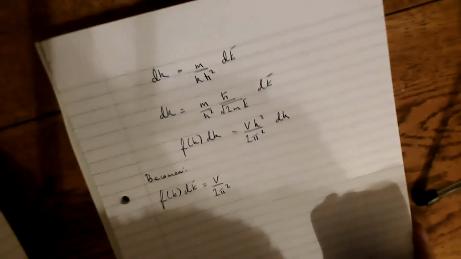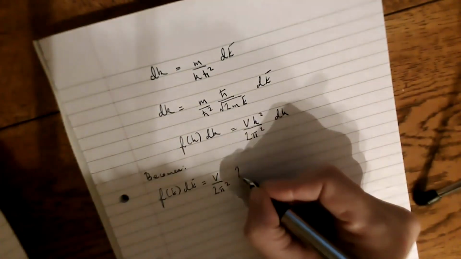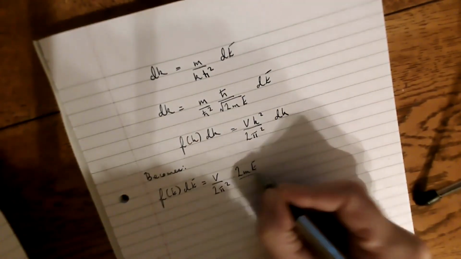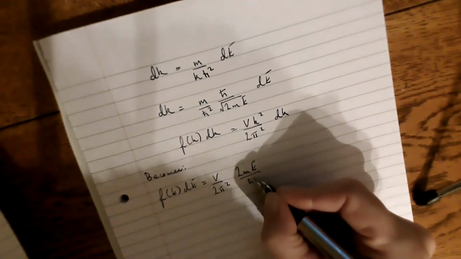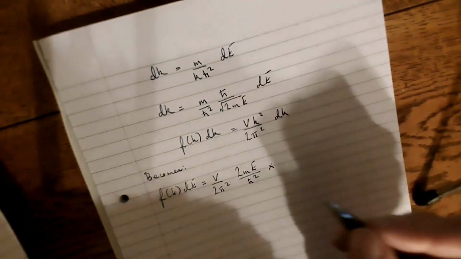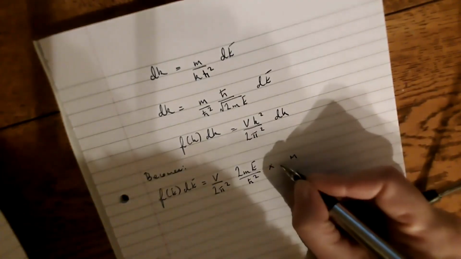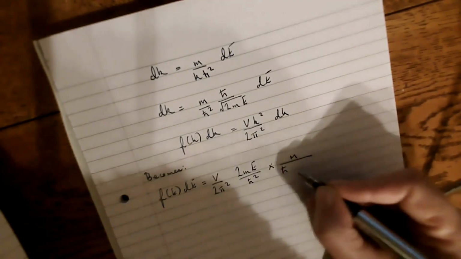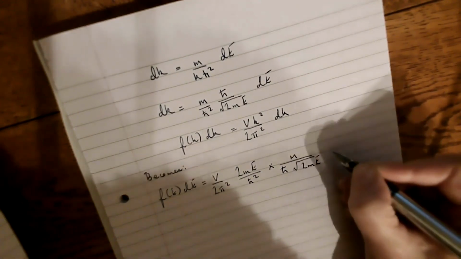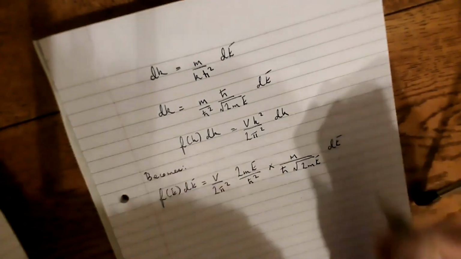And then we want our k squared, which is 2mE over h bar squared. And now times our expression for dk. So we've got m over h bar square root 2mE dE.